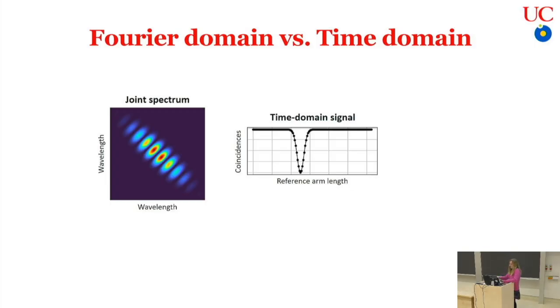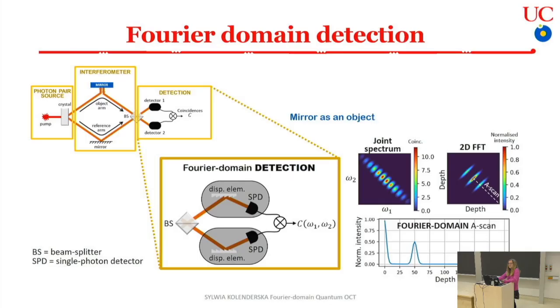But this is also how it's done in classical OCT, because you mentioned you do spectrometry? Yes. How does it differ from the standard classical? The main difference is that in classical OCT simply laser light is used, so we have a lot of light to spare, and the spectrum is one-dimensional.